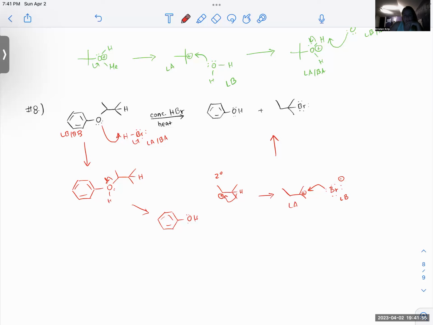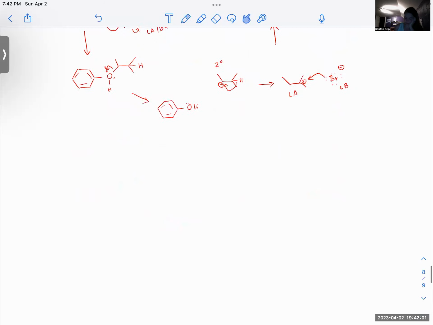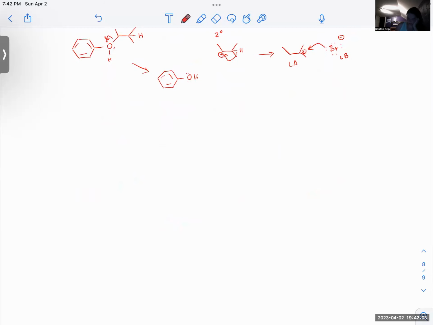All right, so let's talk about number 7 then. So this is number 7 from mechanisms involving ethers and epoxides.